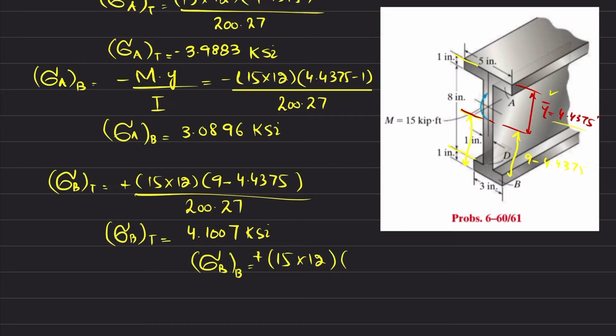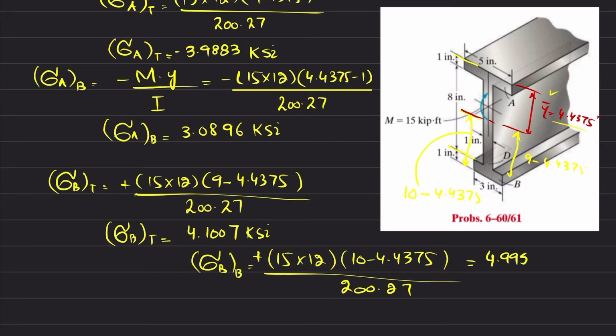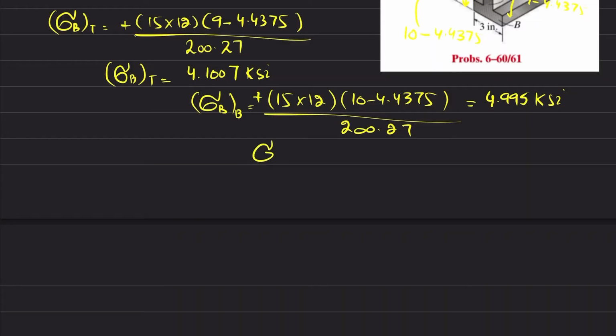So total is 10, 10 minus this distance, 10 minus 4.4375, divided by 200.27, will give you 4.995 ksi, or you can say that sigma B at this bottom will be equal to 5 ksi.